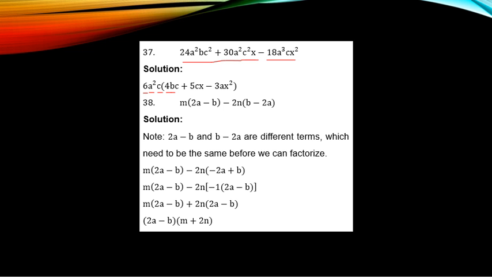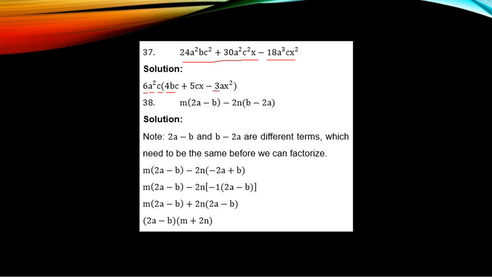Then the third term, if you divide 18 by 6, you have 3. If you divide a cube c s square by a square c, you have a s square. You have factorized.